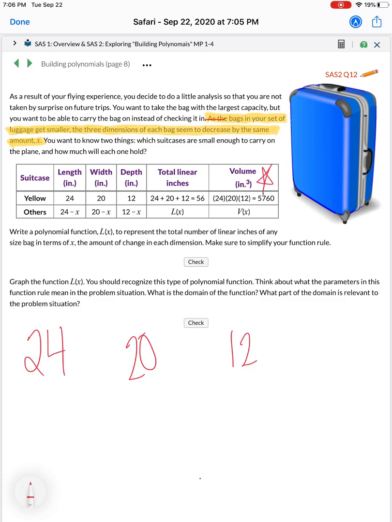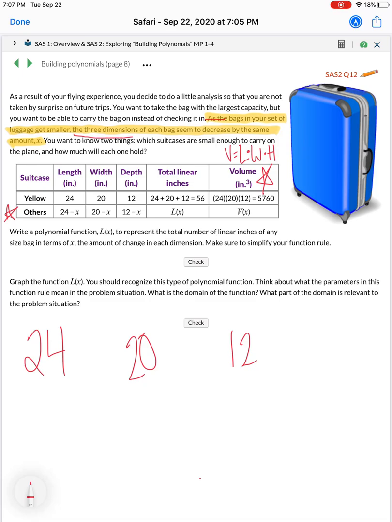Now, if you look at this chart, it tells us the volume is found by multiplying the length times the width times the height. That is because the volume equals length times width times height. Now, we're going to have to find another suitcase because it is too big, right?